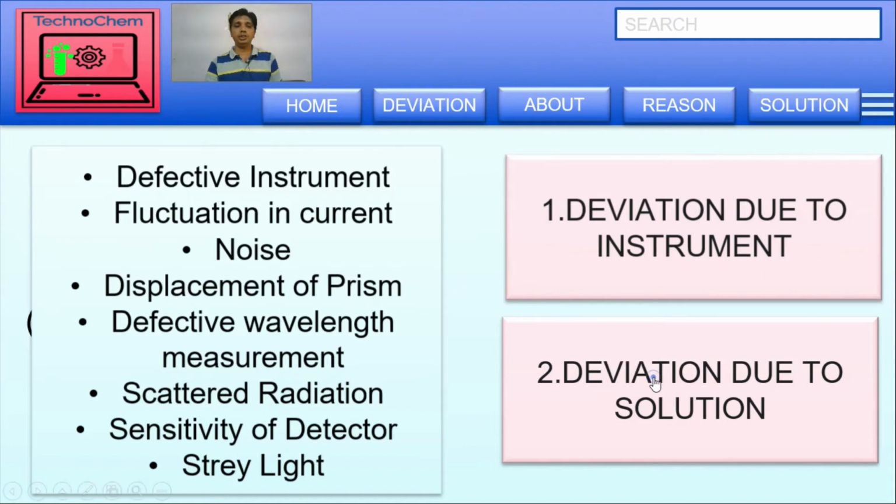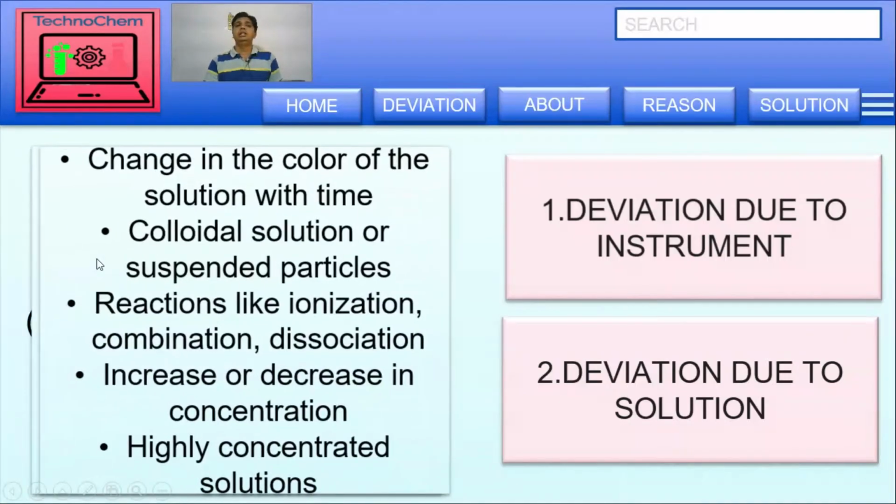Deviation through the solution. The cause of deviation through the solution may be the change in the color of the solution with time, because when you measure the values of the solution, the color of the solution must be constant at every measurement. With time, there should be no change in color.